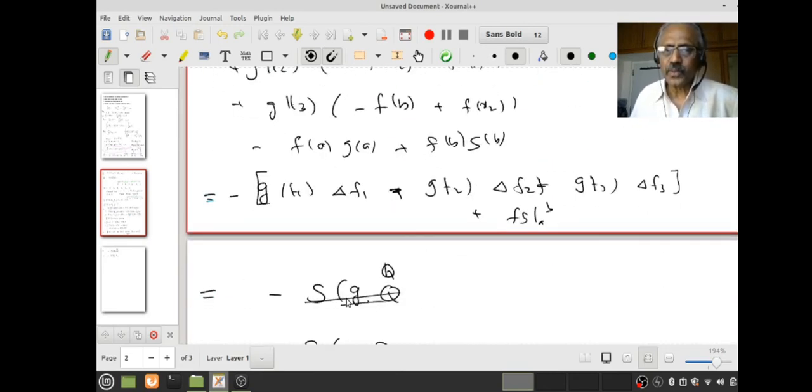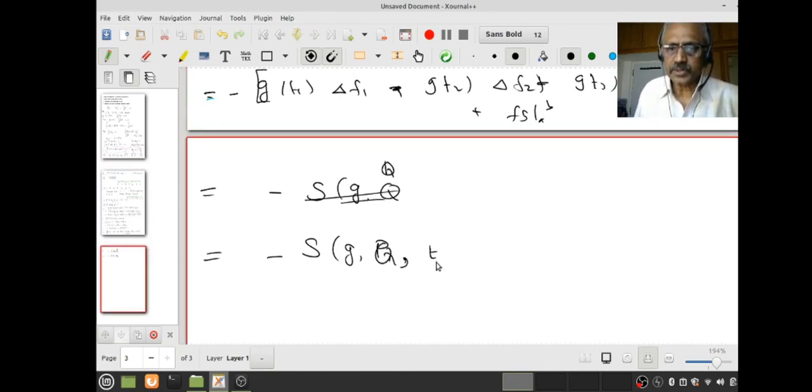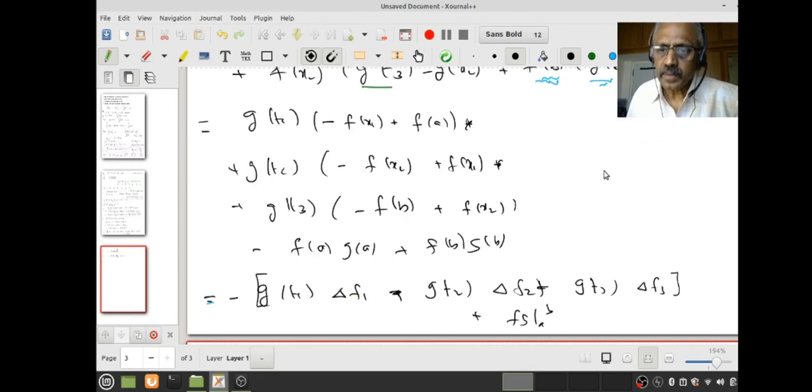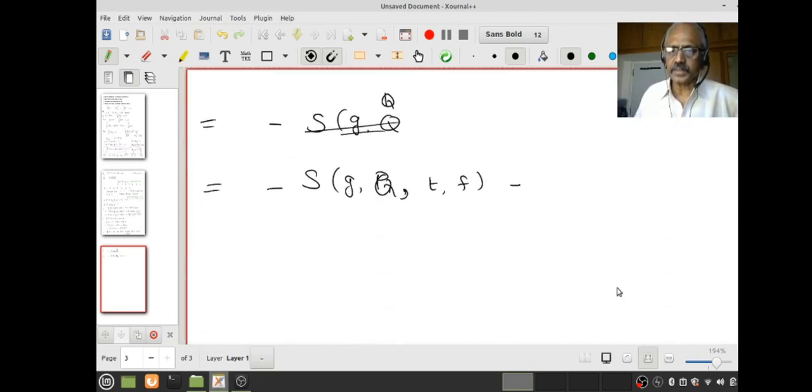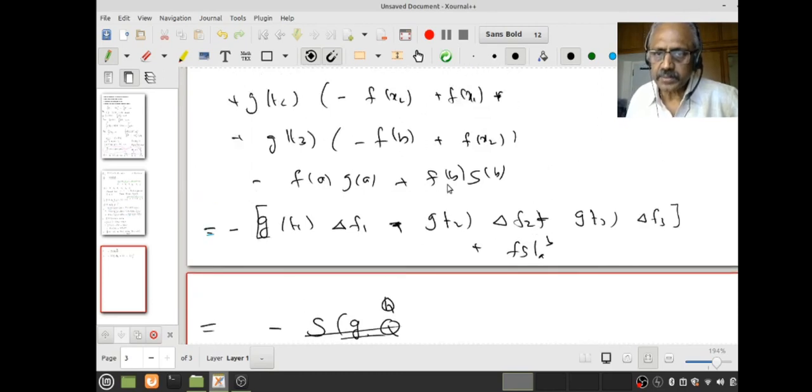So what we found out was this fellow is nothing other than this: the sum with respect to q, with respect to f, minus fg at b. I hope I did it correctly. fg at b, this is plus sign, minus sign, right?